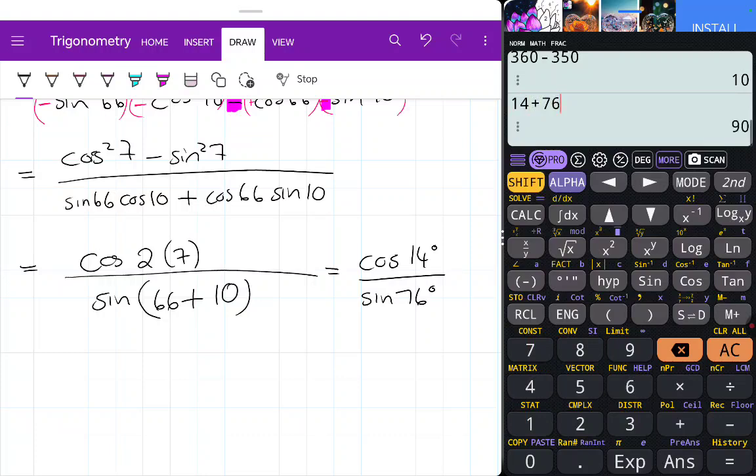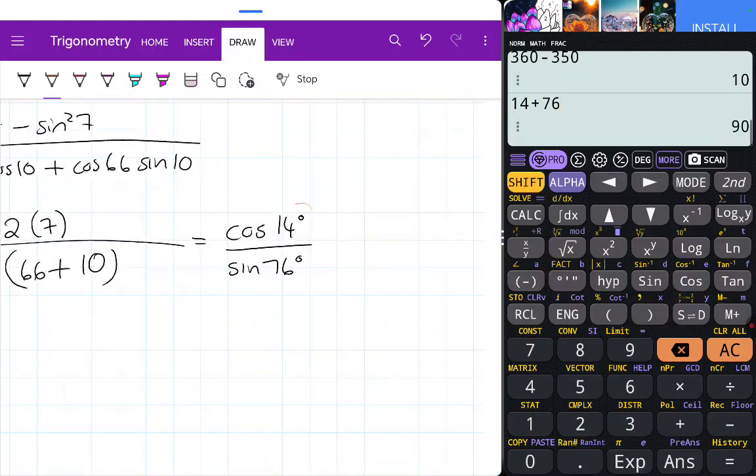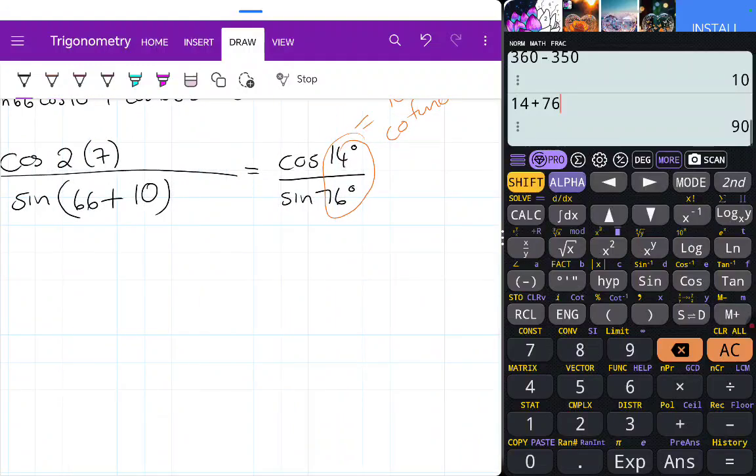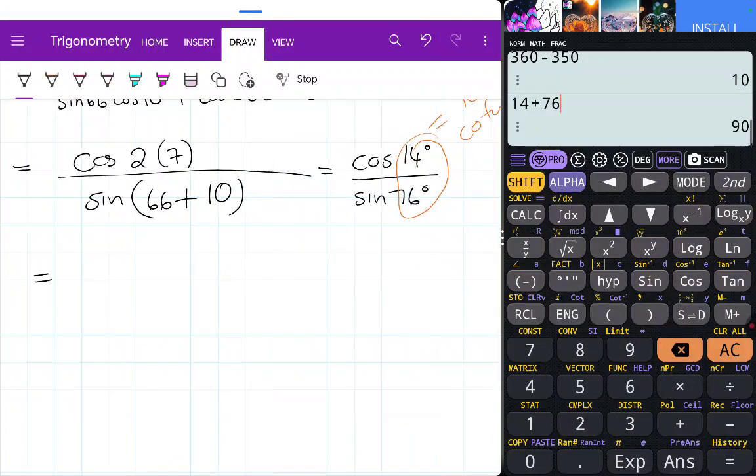Whenever I get close to 90 degrees, I know I can do what we call a cofunction. Because those two equal 90 degrees, I can do a cofunction, and you can choose which one you want to do. Either you keep cos the same on the top, or you keep sine the same at the bottom. Both of them are possible. With a cofunction, you basically do the opposite number.